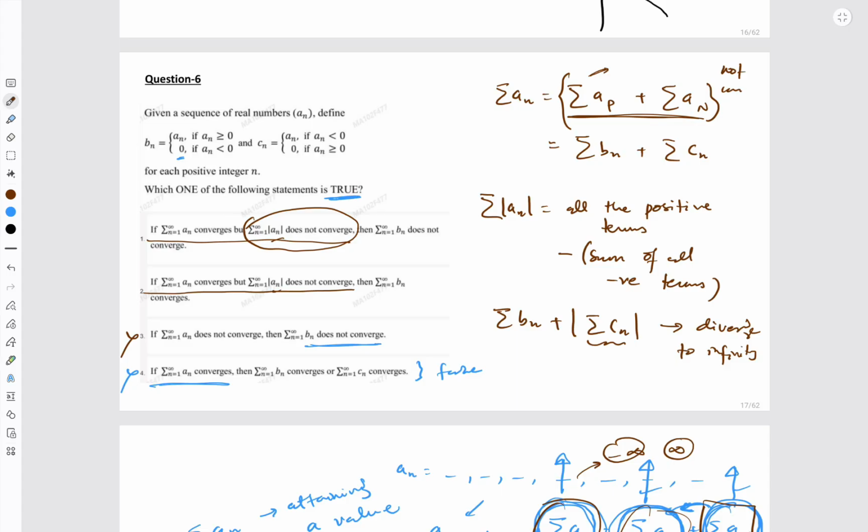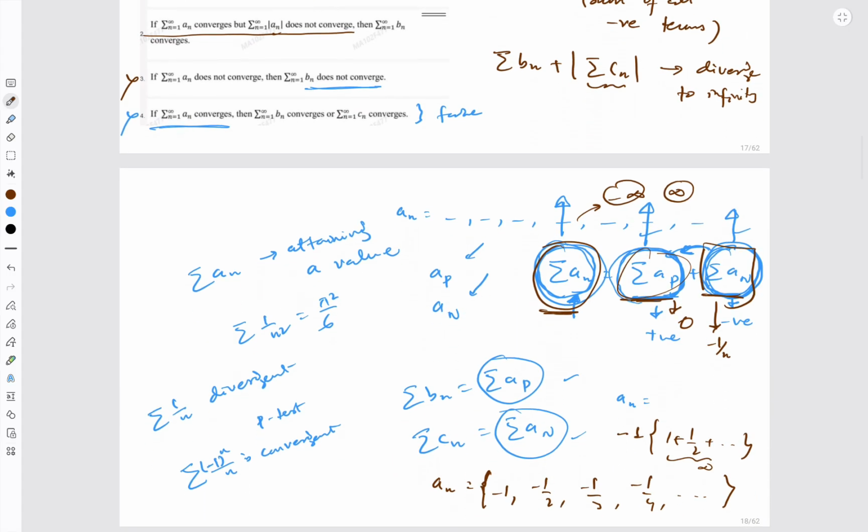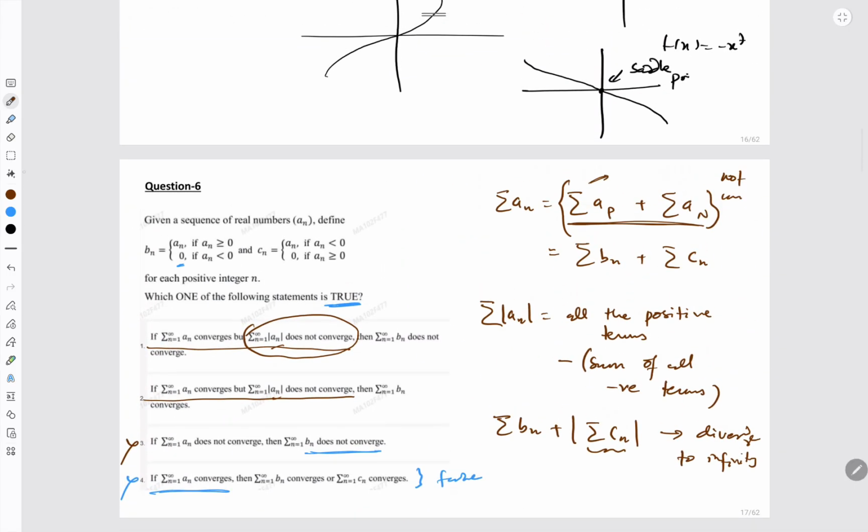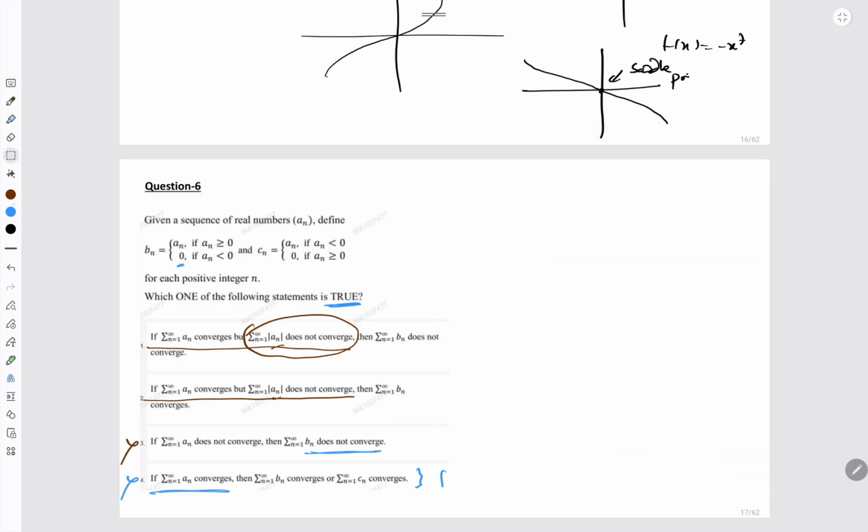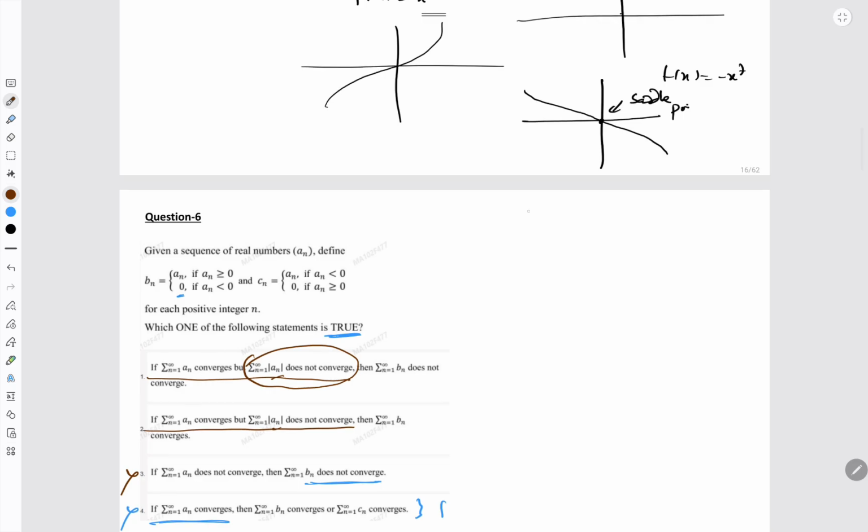Okay, let us understand the options. If an is converging and mod an is not converging, that means sigma bn does not converge, and in the second line it is saying sigma bn converges. Let me just erase this. Let me just give you the calculus point of view. Let us say the sum of positive terms is sigma ap, and the sum of negative terms is sigma an.